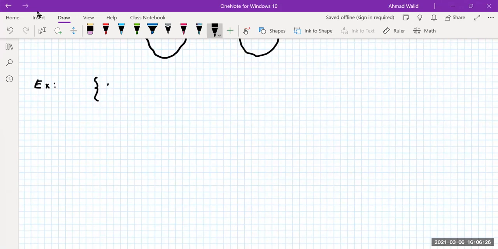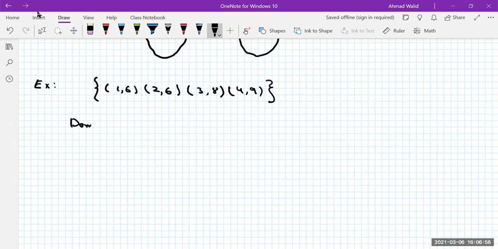They give you a relation: (1, 6), (2, 6), (3, 8), and (4, 9). They're asking you to check if this given relation represents a function, correct? What do you do?